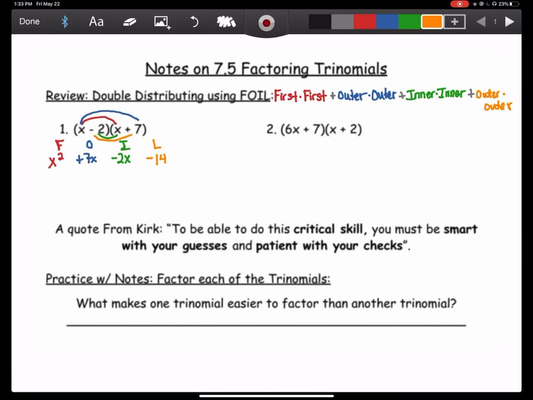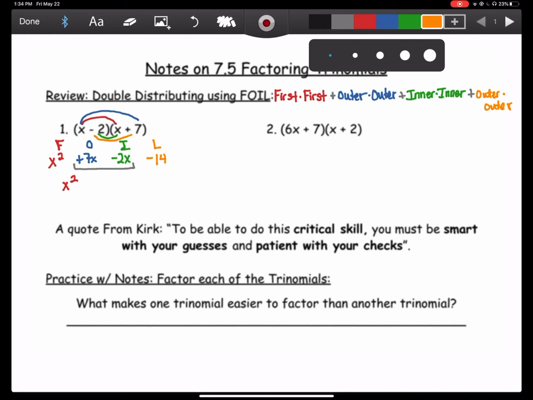Now in this case, we're still not done. FOIL helps us understand that the outer and the inner get combined. That's what happens in order to create this trinomial. So we still have this leading term of x squared.